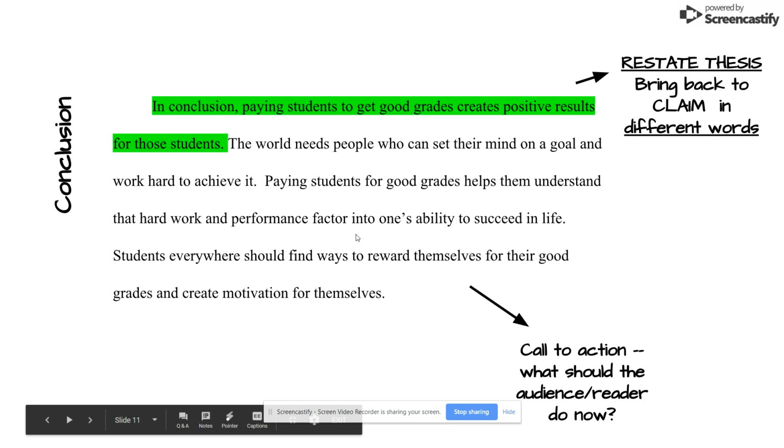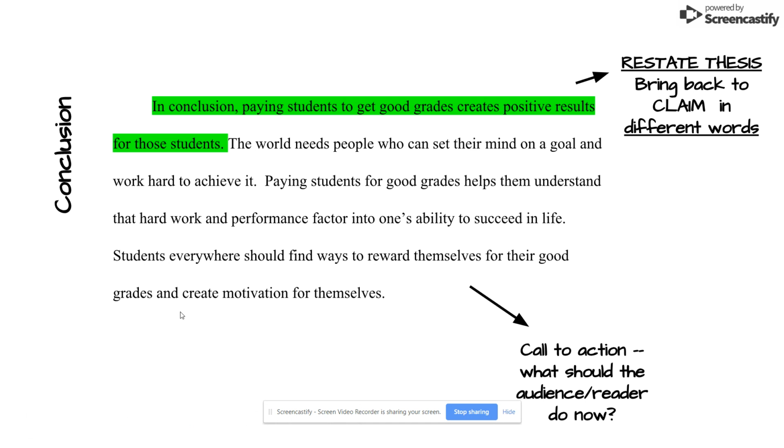So we want to call this last part, instead of a connection to the world, a call to action. So you can hear how the call to action in this essay is really talking about how students everywhere need to find ways to reward themselves for their good grades. And perhaps, letting the reader know that financial or monetary rewards might be a good way to do that.